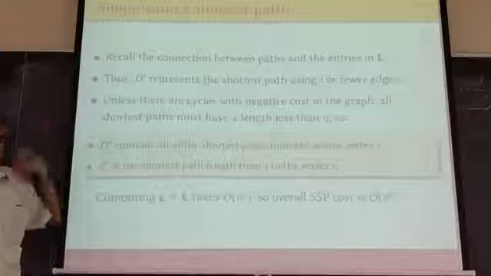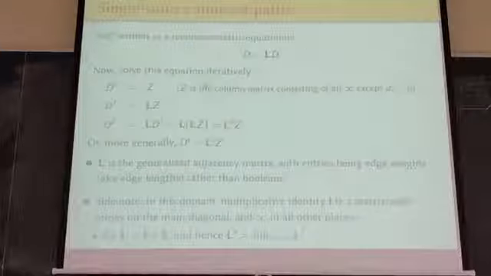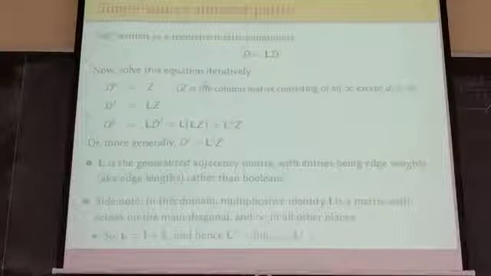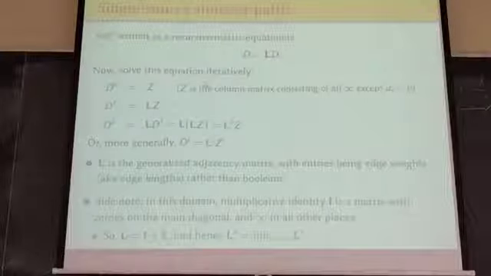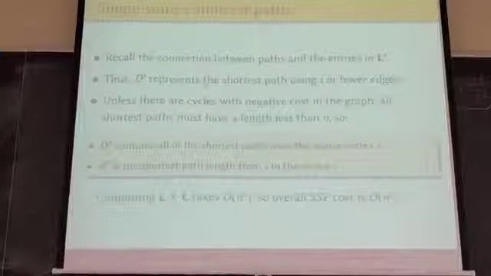In particular, what we have said is that when you do this L to the power i, that essentially captures the length of the shortest path that uses i or fewer edges.